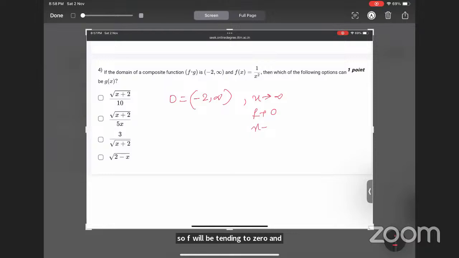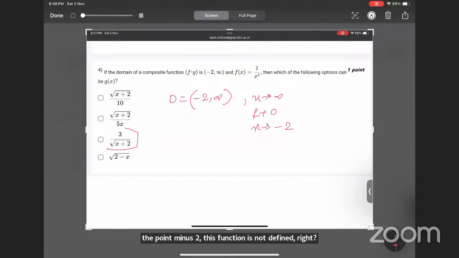And if x is tending to -2 from the positive side, then we get 3 by 0. At the point -2, this function is not defined, right?